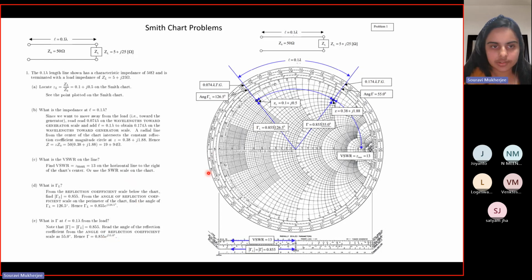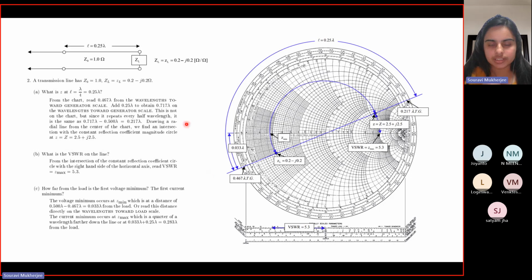Okay, so let us look at some more examples. This is another question. Again here, Z0 is given, L is given, ZL is given. Here Z0 is 1, so whatever you get will actually be your impedance, since it's already normalized. First you locate the normalized load impedance.